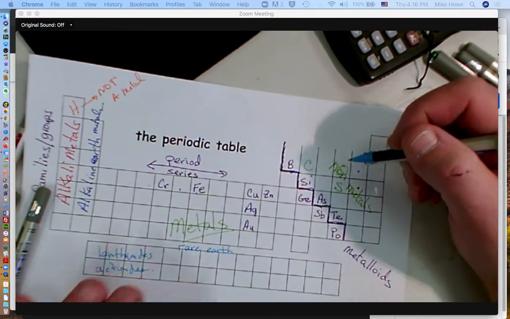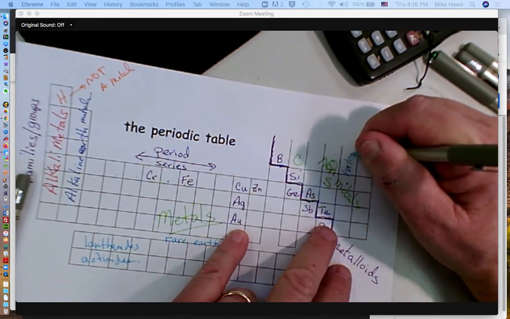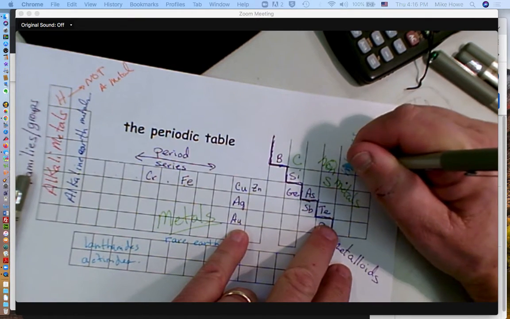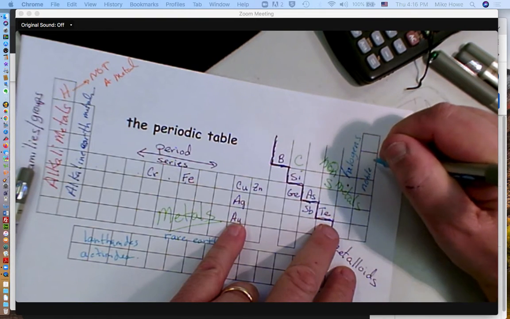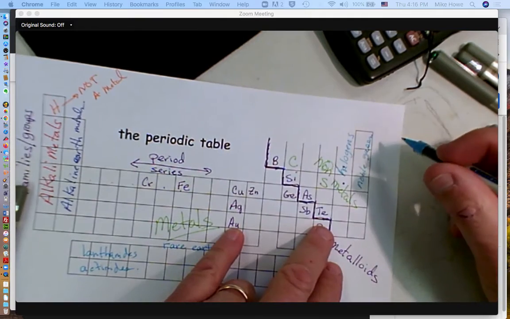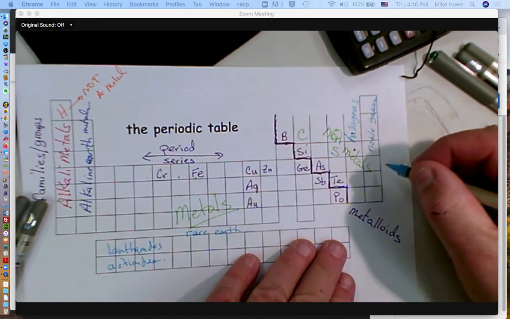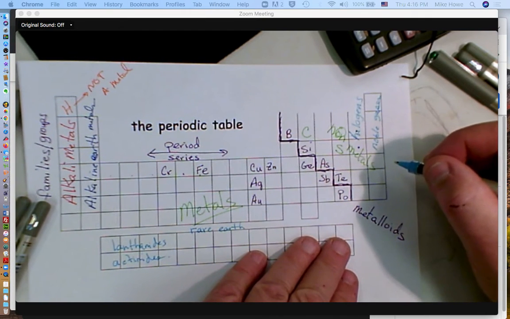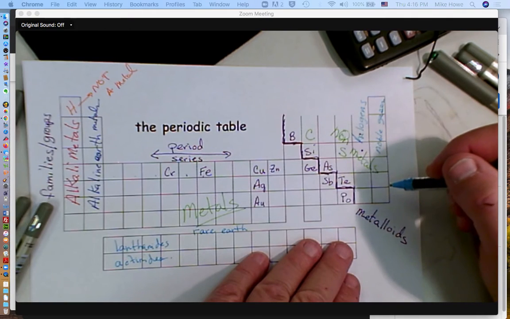Then moving over here, we have another group of elements called the halogens. And then this column is called the noble gases, because noble gases just don't interact with other things. They kind of stay to themselves like royalty. And the reason for that is their sunny room and their pink room are full of electrons. And so there's no room for any other electrons, so they don't interact with other things.